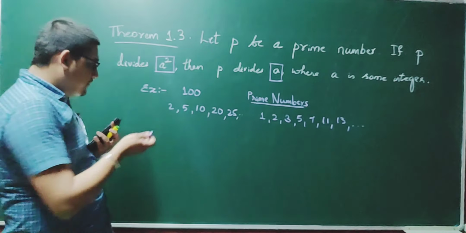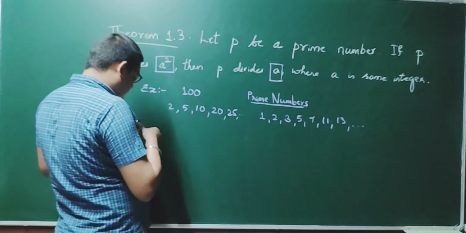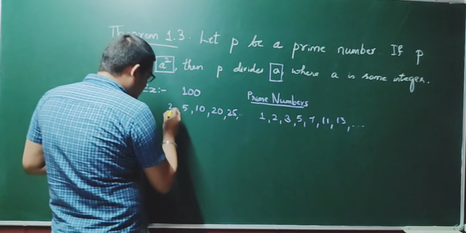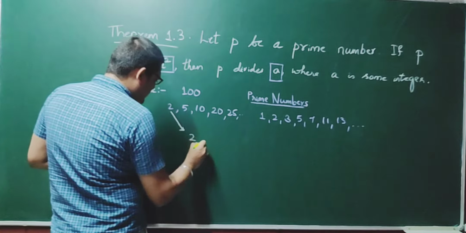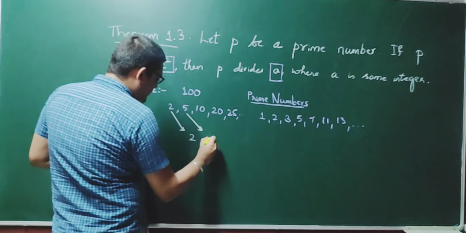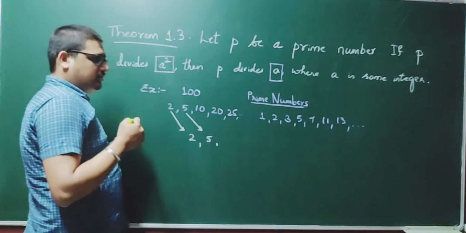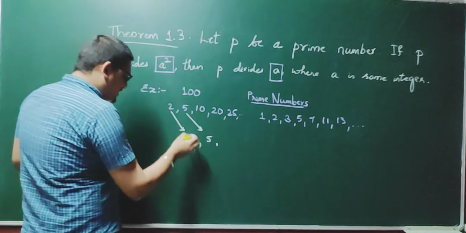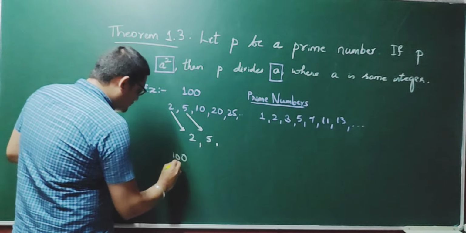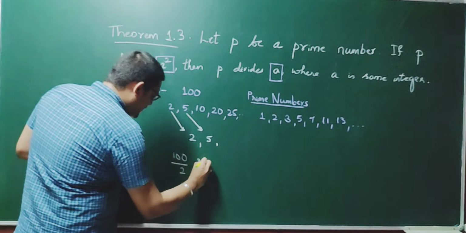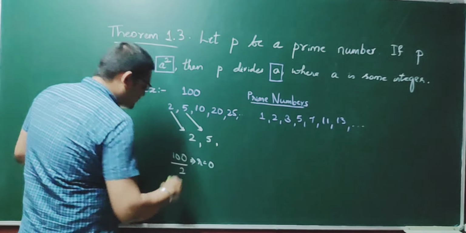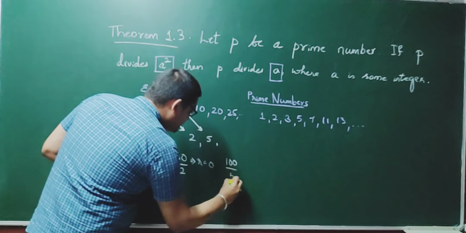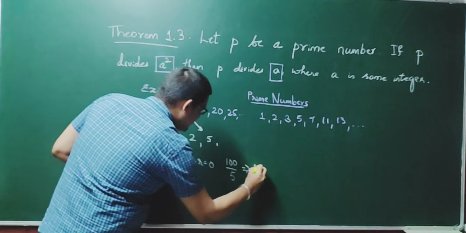But from these numbers, let us just filter out the prime numbers. 2 is a prime number, so I will list it here. 5 is also a prime number, so I will note it down here. Now you observe 100 is perfectly divisible by 2, leaving remainder 0, correct? 100 is perfectly divisible by 5, again leaving remainder 0.